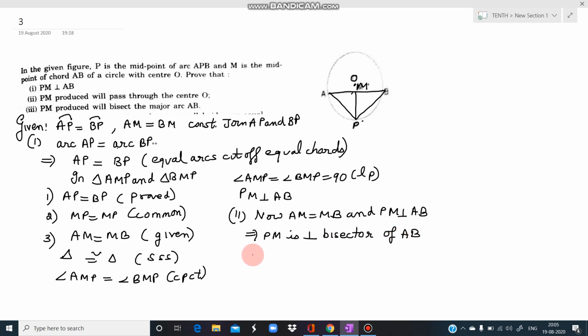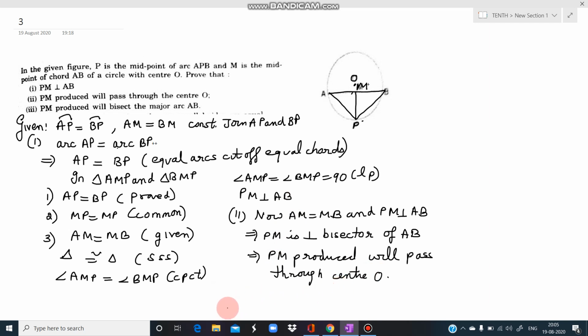Now this result we have learned in the chord properties of circle, that perpendicular bisector of a chord always pass through the center. क्योंकि ये perpendicular bisector है, so this means that PM produced, it will pass through the center O. Why is it so?